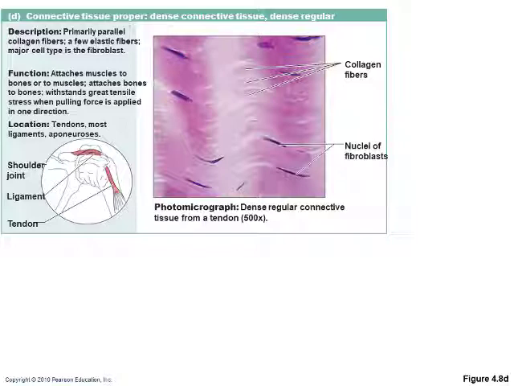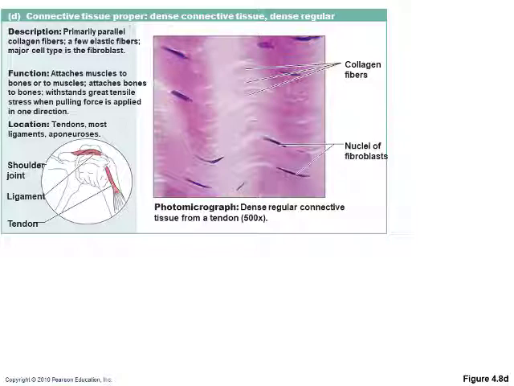All fibers are going in the same direction, the same way. So that's the regular. If you see some fibers are in one direction, other fibers are forming bundles and they are going in different directions, so that is the irregular. Okay. So dense, regular and irregular. Both are heavily filled with collagen fibers.